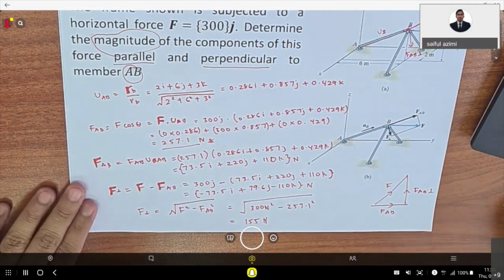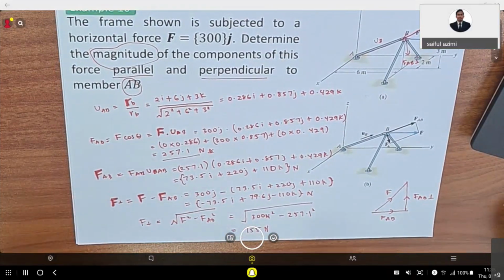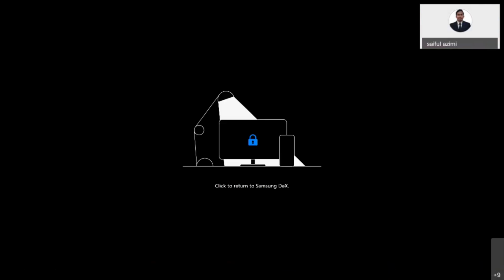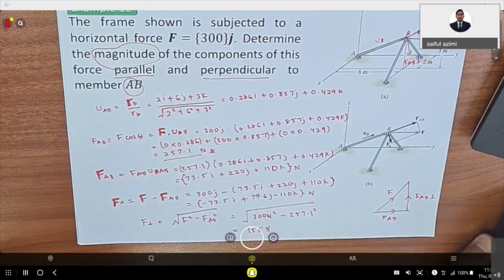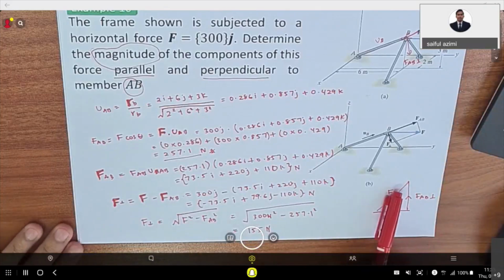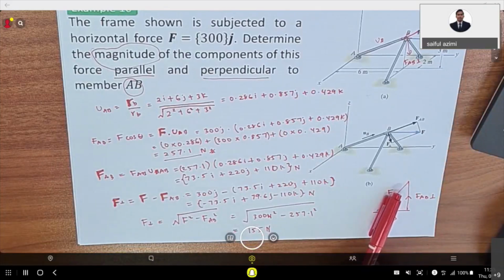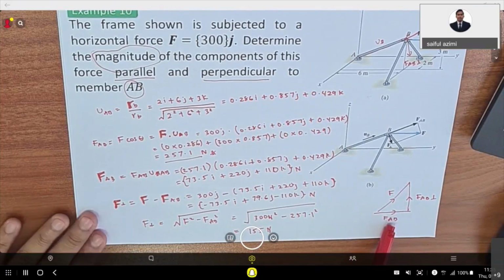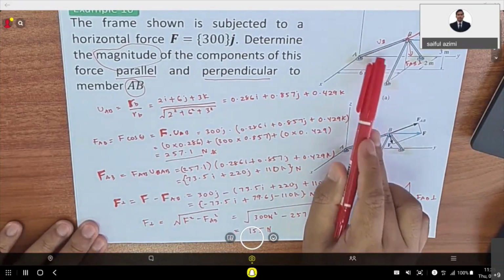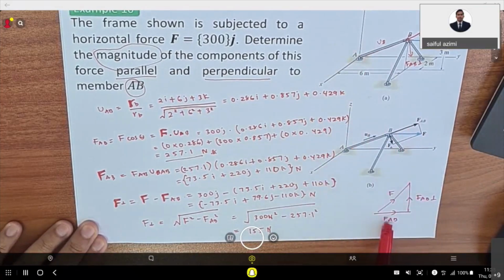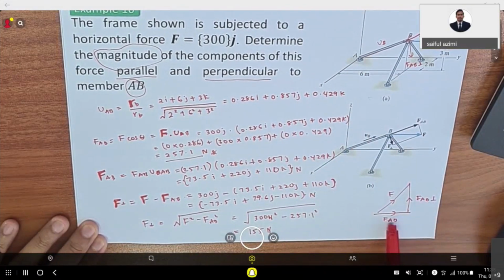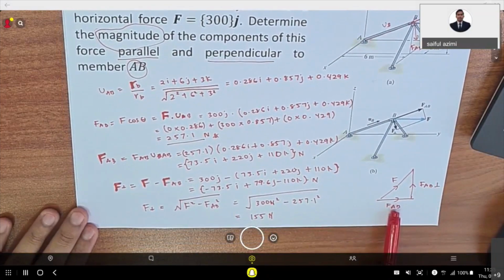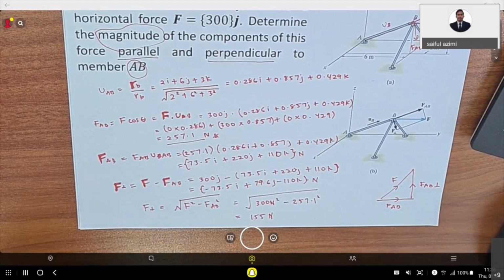You are given one force here, force F, and they ask you to find the force of AB, which is parallel to this element here. And at the same time, they also ask you to find the force perpendicular to the force AB, right? So if you are doing it in a normal way, it will be quite confusing for you.